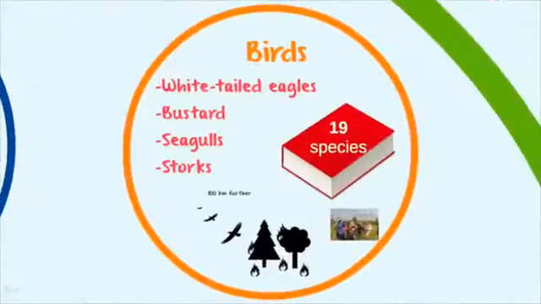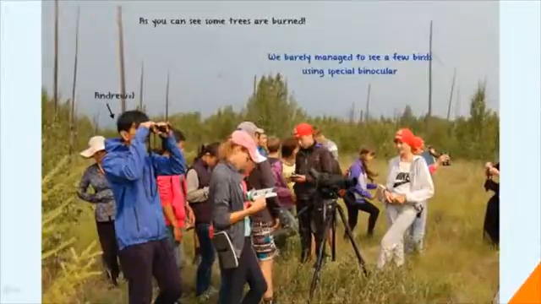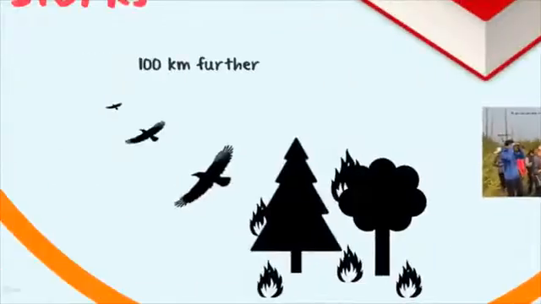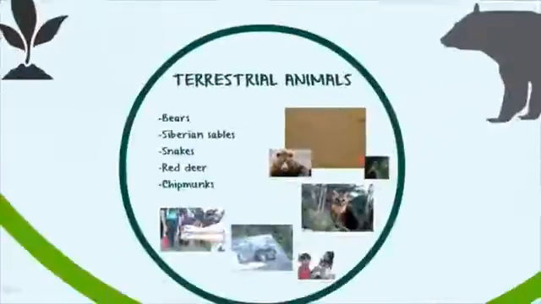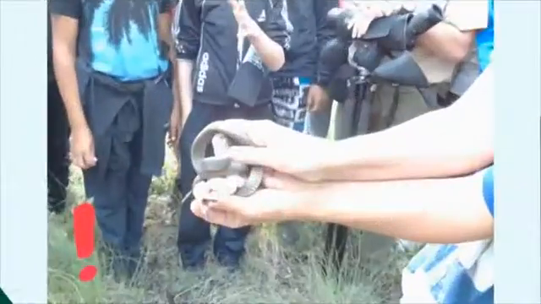There are 90 species of birds listed in the Red Book of Russia that are forced to leave the area because of fires. Information that we got from an expert on birds proves it. Birds have migrated 1 kilometer further. Terrestrial animals just can't live there. With an expert in biology, we found out the population of snakes decreased. Then we came across traces of a bear, so it gave us hope that they were still living here or they were running from the fires on the peninsula.